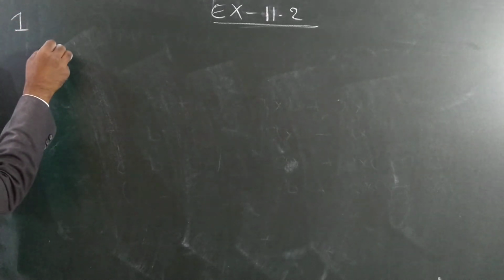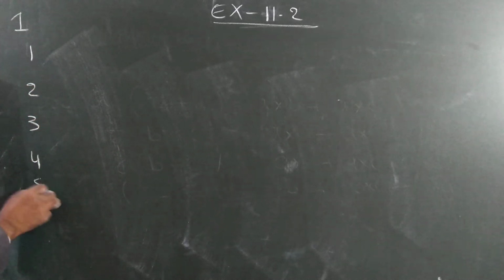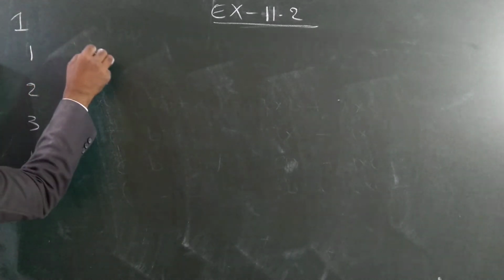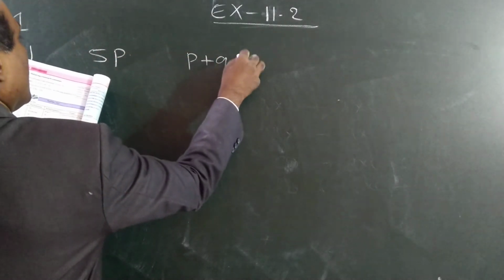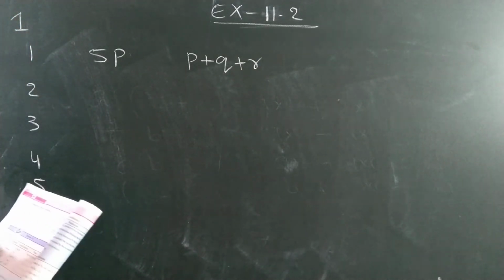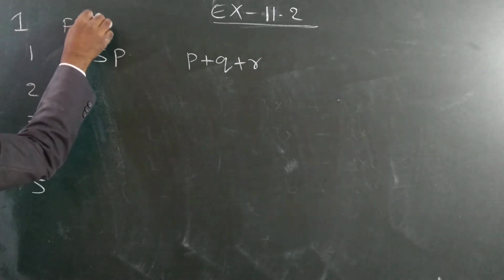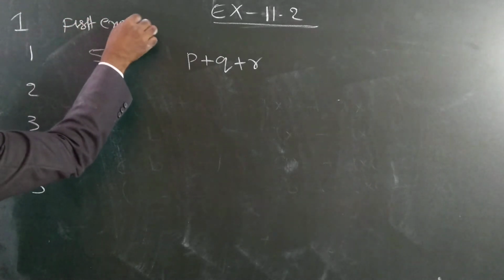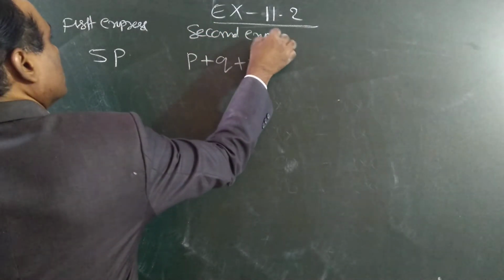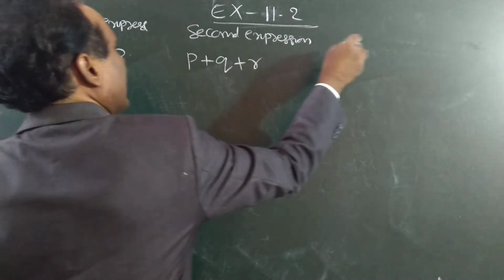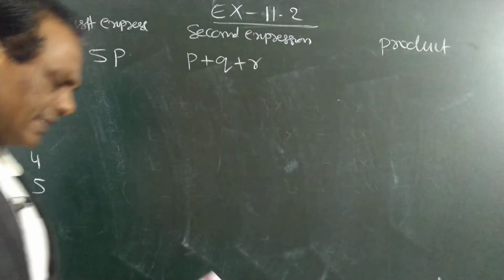First question: 5p and p plus q plus r, multiply these two. First expression, second expression, and multiply them. Product, simple.